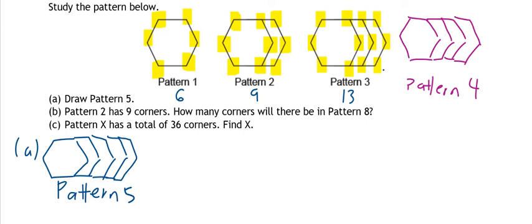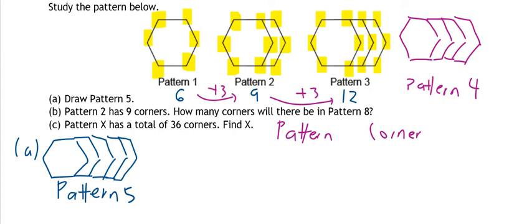Sorry, it says 12. You can see there is an increase in the row. It is added by 3. So let's start with pattern number 3, which has 12 corners.